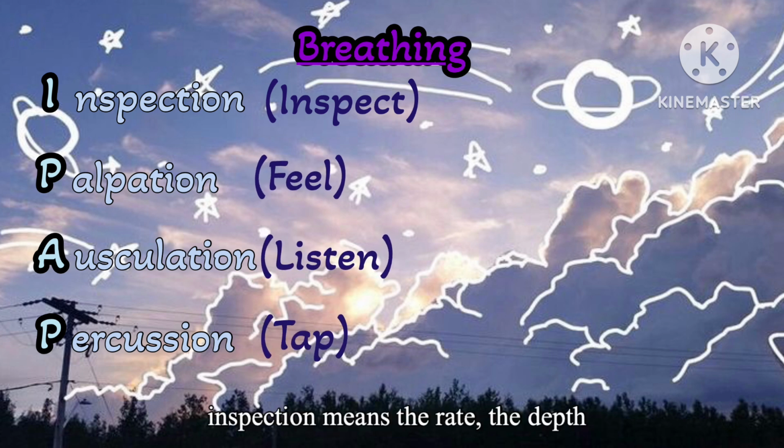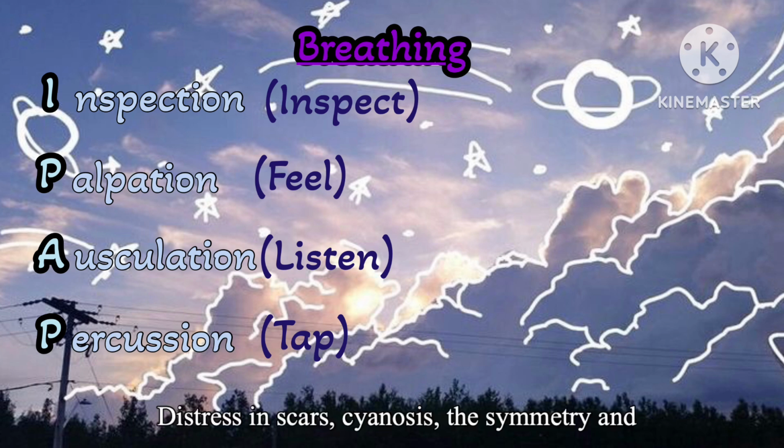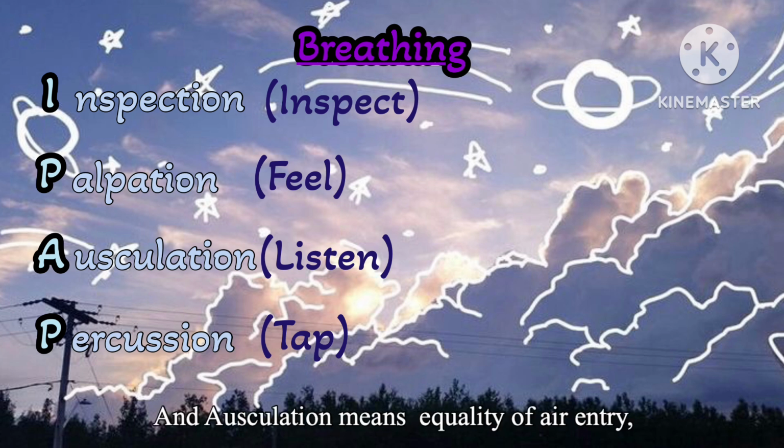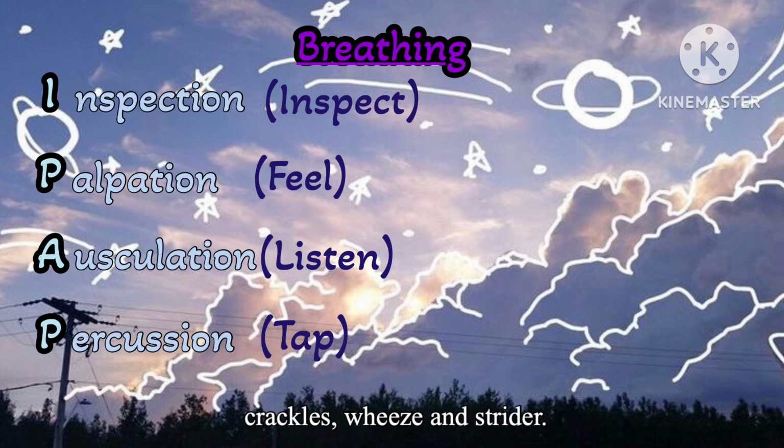Inspection means the rate, the depth, distress, any scars, cyanosis, the symmetry, and accessory muscles. Then palpation is the depth, the expansion, symmetry, pain, and tenderness. Auscultation means equality of air entry, crackles, wheeze, and stridor. Then percussion is the dullness or hyperresonance.